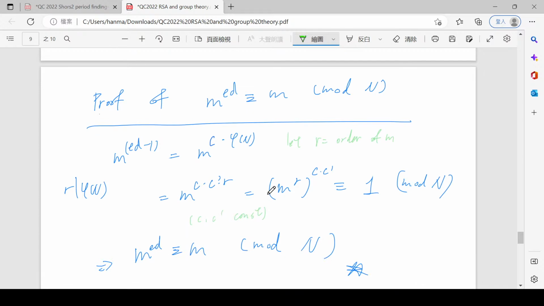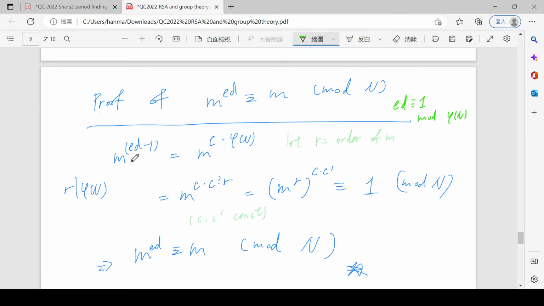Recall that we have ED equal to 1 mod phi n. So D is E's inverse under mod phi n. So ED equals 1 mod phi n.